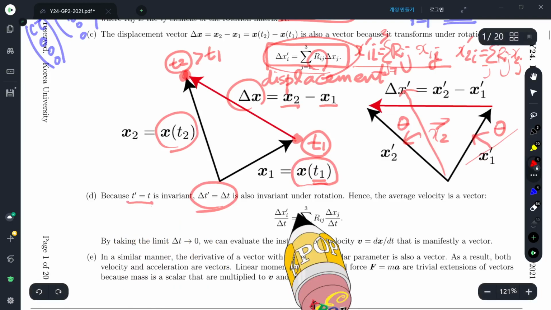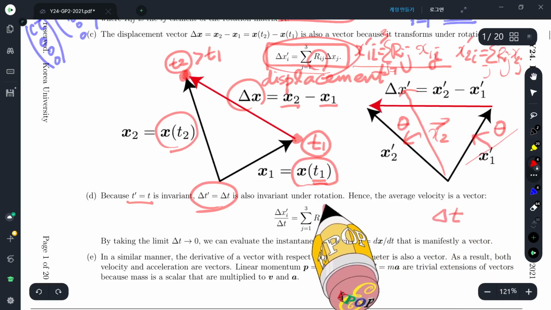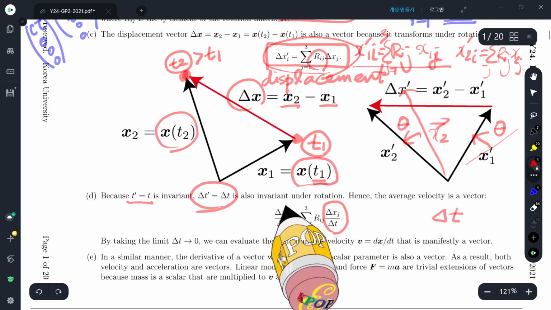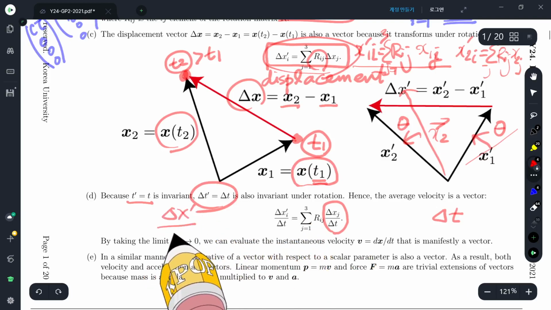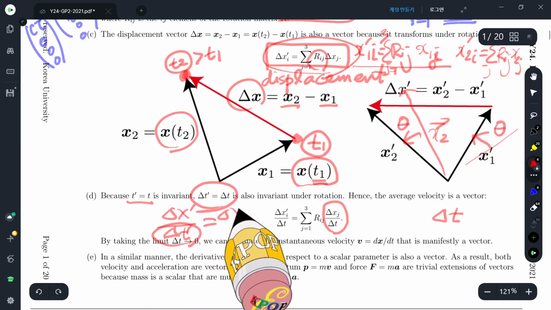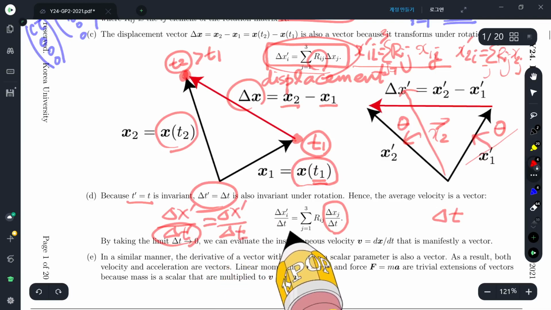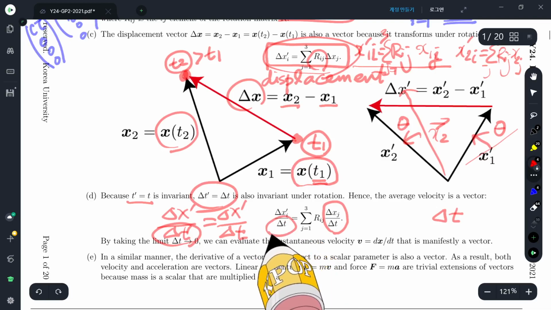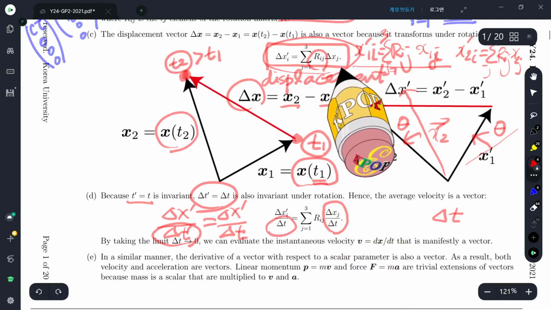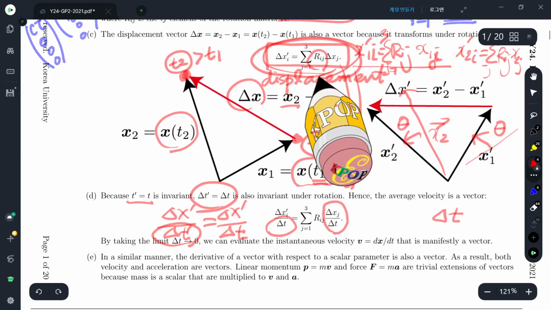Then we can divide both sides by delta t, and on the right side we just keep it as delta t, and on the left side we replace it with delta t prime because of the invariance of time in the Galilean transformation. We can replace this with delta x prime divided by delta t. Therefore, this relation is directly derived from the difference relation.